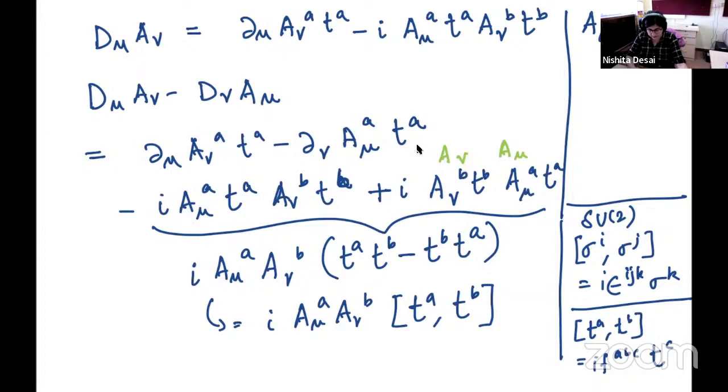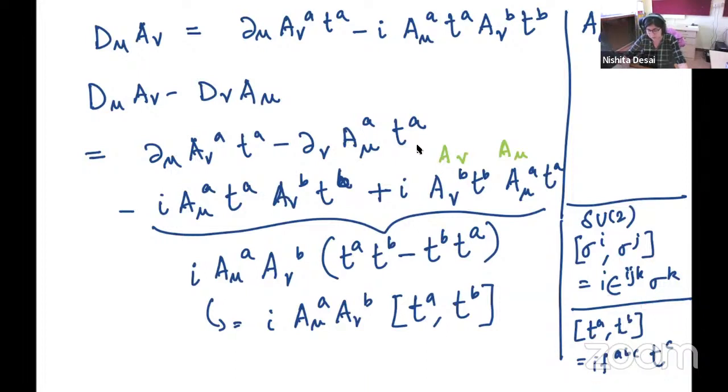Okay? So when you do that, you see that you end up with this commutator, and a property of these symmetry groups like SU(2), which we know well, is that you can write a commutation relation between the generators. And in general, you can write it in this form here.